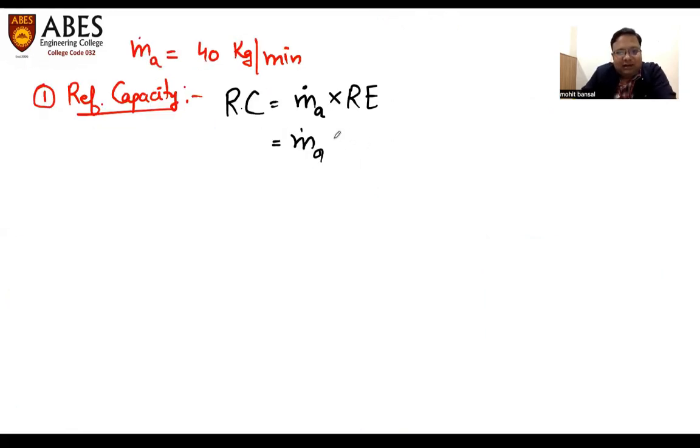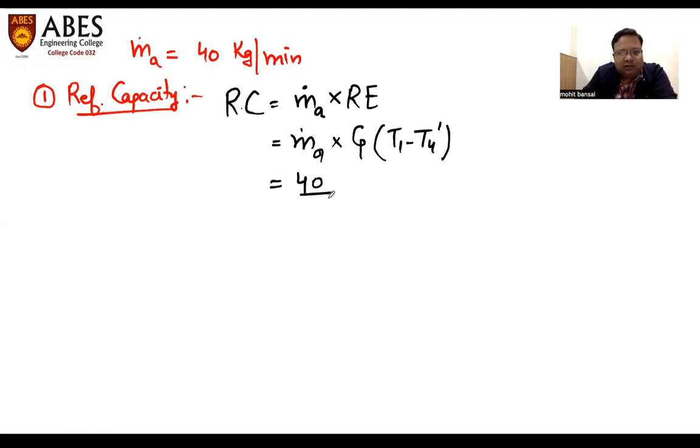So what we will write, m dot a into Cp into (T1 minus T4 dash). So this will give us the refrigeration capacity. It could be in kilojoule per second or kilojoule per minute. So first of all, we will calculate it in kilojoule per minute, and then we will reframe it in the kilowatt term or kilojoule per second.